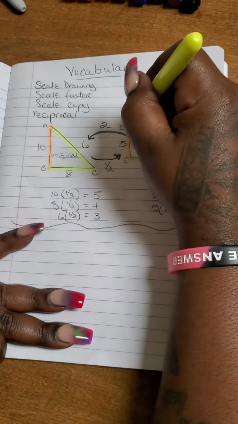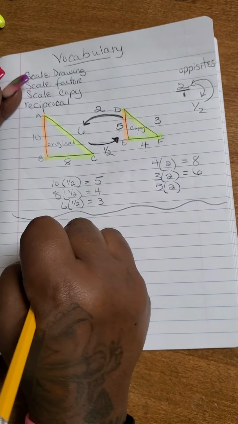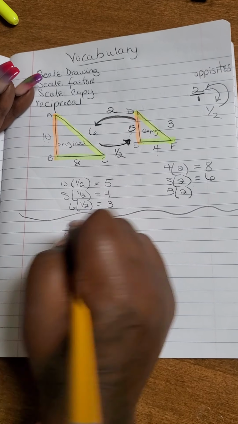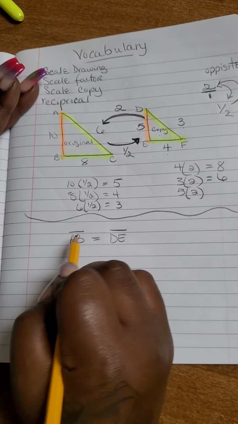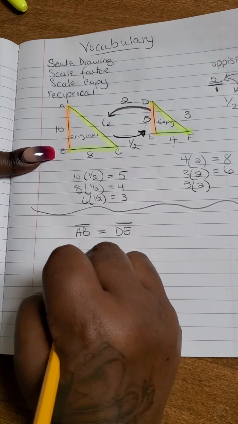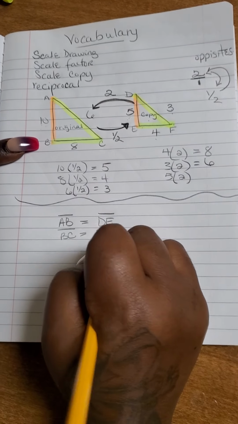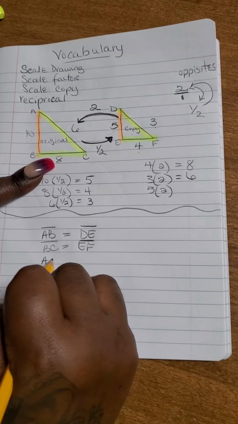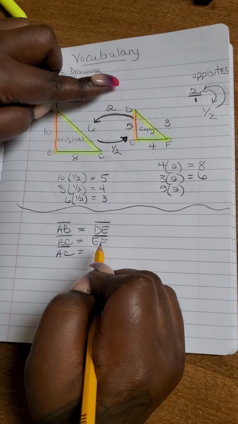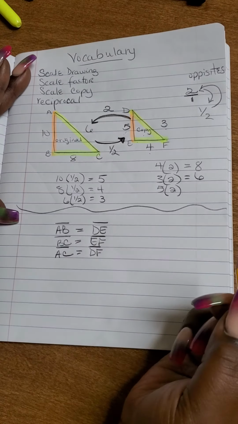The corresponding side is DF. Okay? So side AB is corresponding to side DE. That symbol means line. Side BC corresponds to EF. We're not going to make this harder than what it is. Side AC corresponds to side DF. Okay? Just that simple. All right?